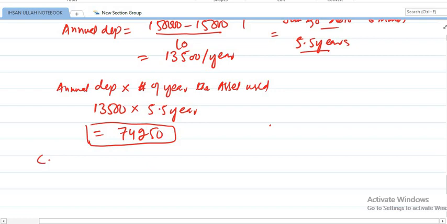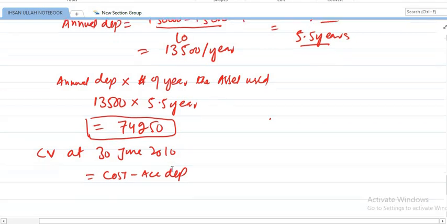Now after calculating the accumulated depreciation, we have to calculate the carrying value at this date, and the date was 30th June 2010. So what you will do, cost less accumulated depreciation.